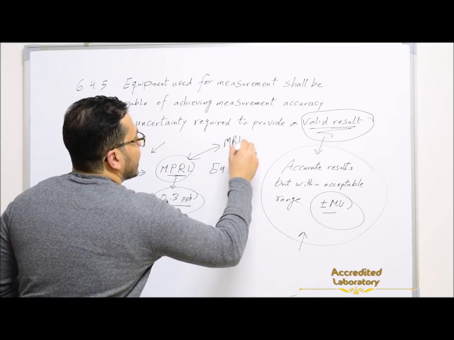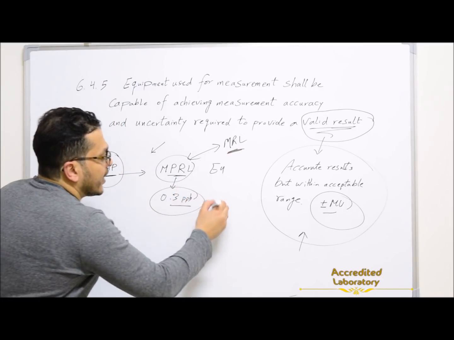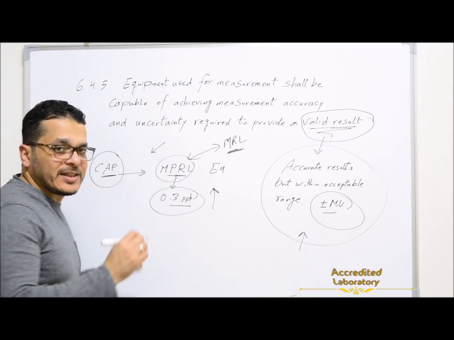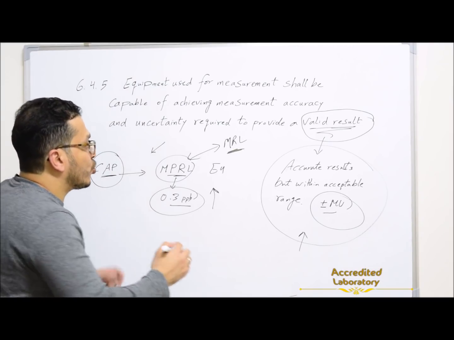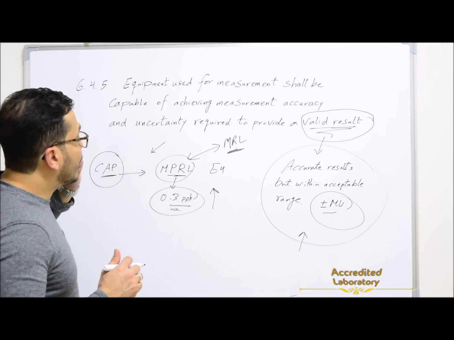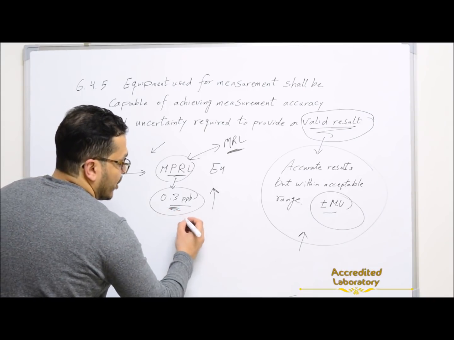So this is the maximum you can get for this compound. Higher than this concentration in any sample, the sample will be rejected. So you should have an instrument, and a method also, capable of achieving this concentration or even lower.